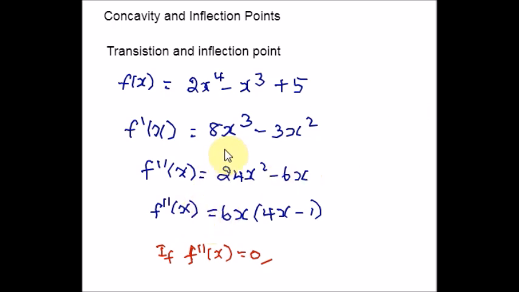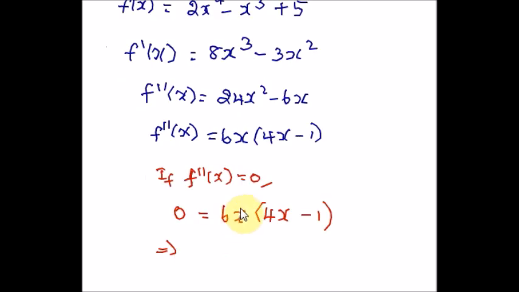So solving for x, I'll get x equal to 0 and x equal to 1 over 4. The points c equal to 0 and c equal to 1 over 4 are included in the domain of the function f. Their second derivatives are 0. Then they are the transition numbers of the function f. That's it for this example.